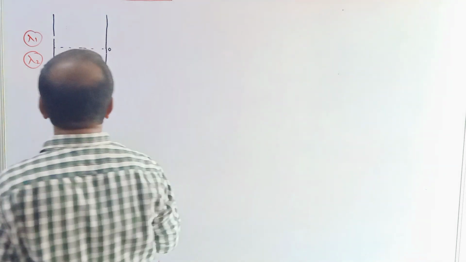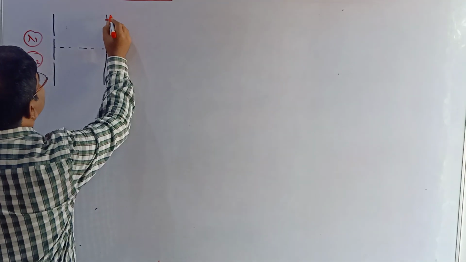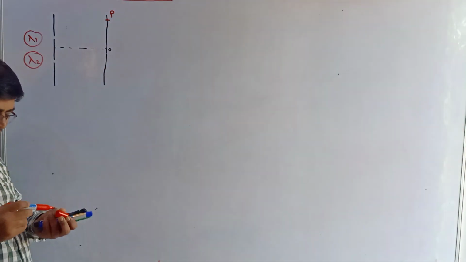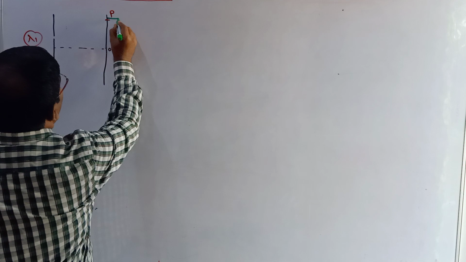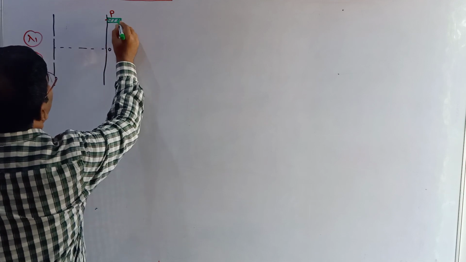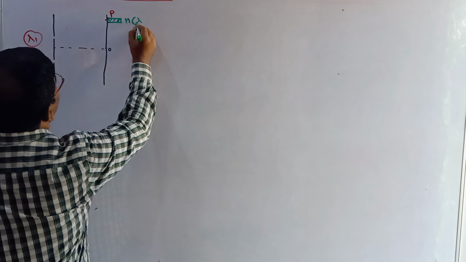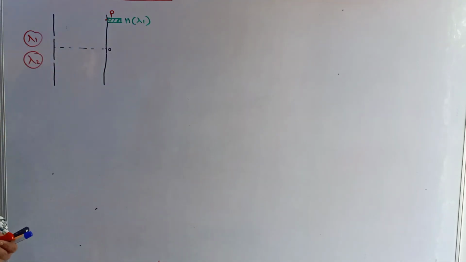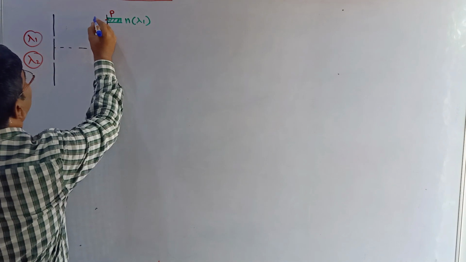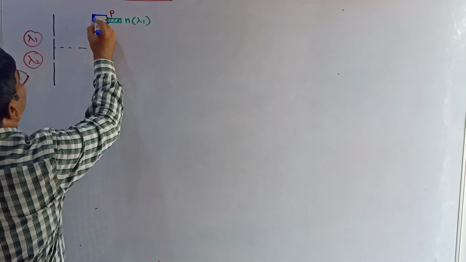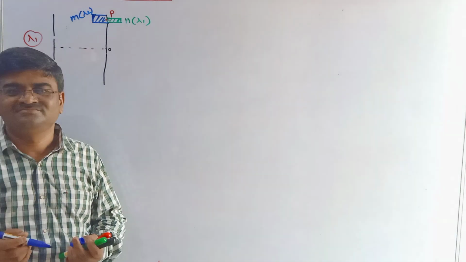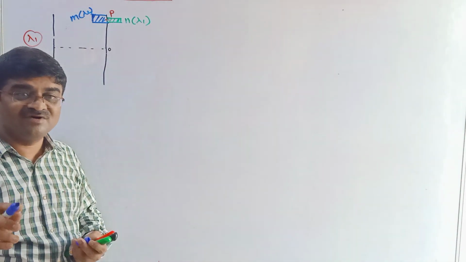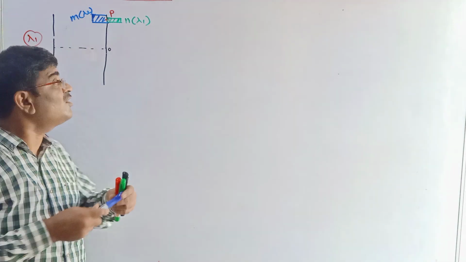Say for example, I have one place on the screen, point P. What I could see is that at P, I have nth bright of wavelength lambda 1. At the same place, I have got mth bright of wavelength lambda 2. Understand? So nth of lambda 1 and mth of lambda 2 are overlapping.